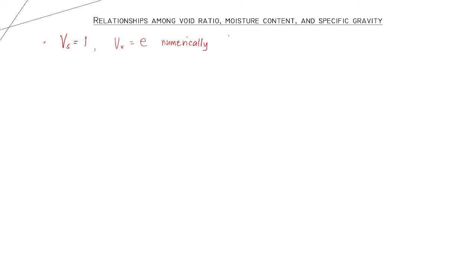This is because, looking back, the total volume V is equal to volume of soil solids plus volume of voids. So we can write V is equal to 1 plus E. So how did we arrive with this one?